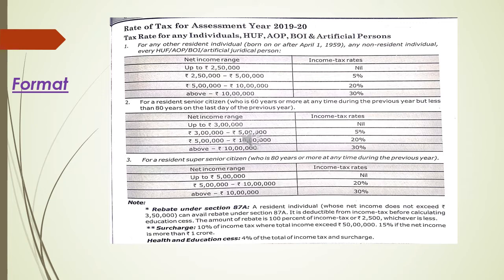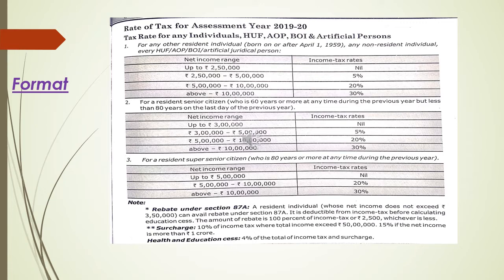I was mentioning about 87A rebate. Any resident individual whose income is up to 3,50,000 per annum can avail this rebate. It is a deduction from the income tax before calculating the education cess, higher education cess. The amount of rebate is 100% of the income tax that we have to pay, or rupees 2,500, whichever is less.